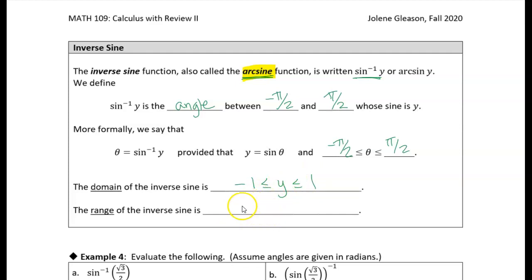That's all of the possible values for sine, because sine just oscillates between 1 and -1. The range is the output. That's our angle that we're going to get out.